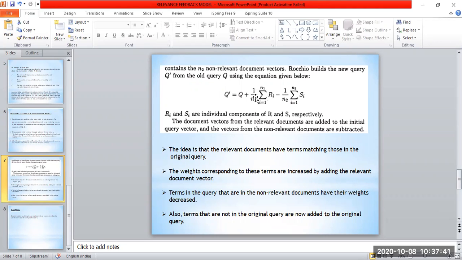So we are adding the relevant vectors to the old query, and we are subtracting the non-relevant vectors, minus the summation of Si. n1 is the total number of relevant vectors, and n2 is the total number of non-relevant vectors, and Ri and Si represent the individual terms in the vectors.